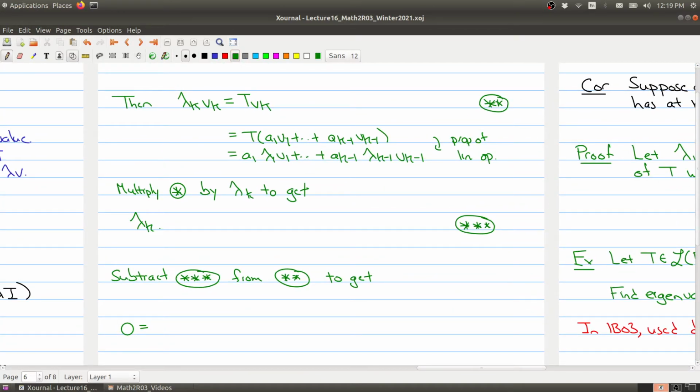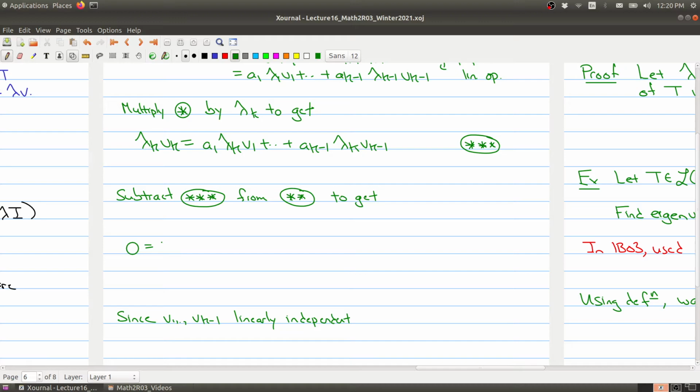Lambda k times the vector vk is also equal to a1 lambda k v1 up to a(k-1) lambda k v(k-1). Okay, so now we have double star and triple star, two ways of expressing the same vector. And what we're going to do is subtract the second expression from the first expression. Since they're both equal to lambda k times the vector vk, the difference should be equal to 0.